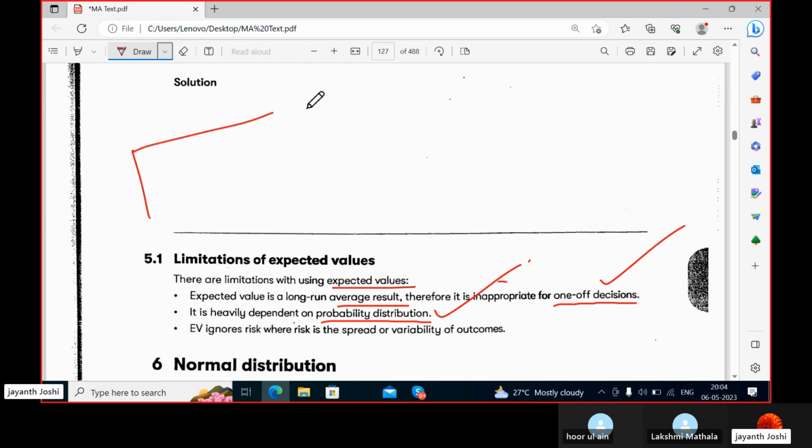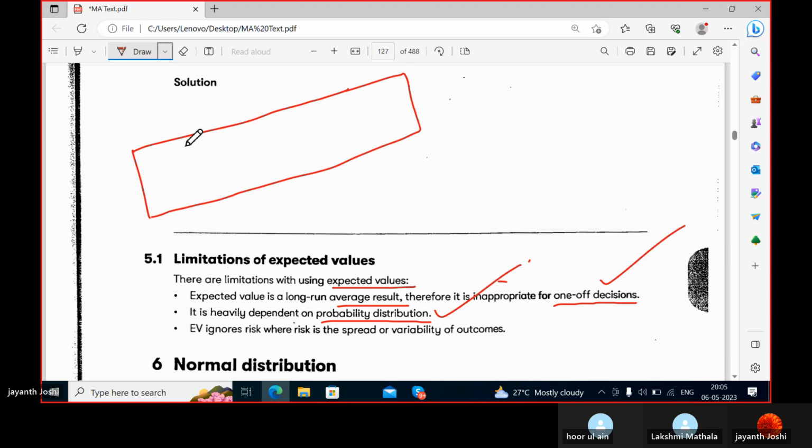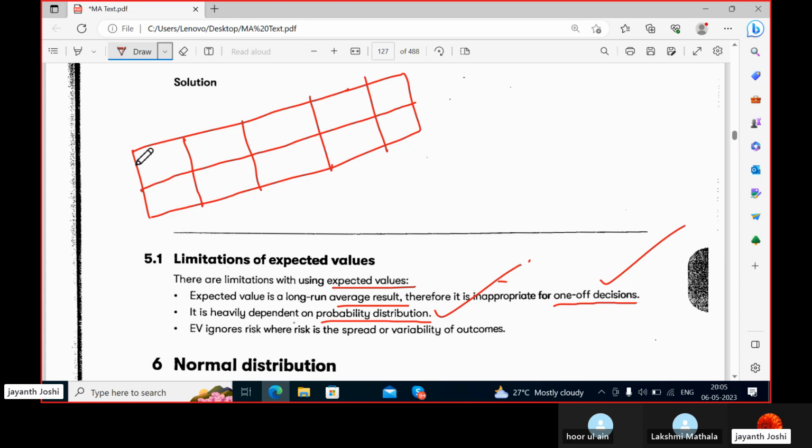Probability distribution is nothing but what we have seen right now. Suppose I am taking a tabular representation. This is a tabular representation, and this exactly is what a probability distribution is. What is a probability distribution? I am taking the outcomes.